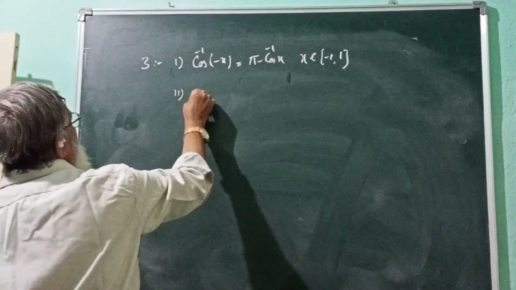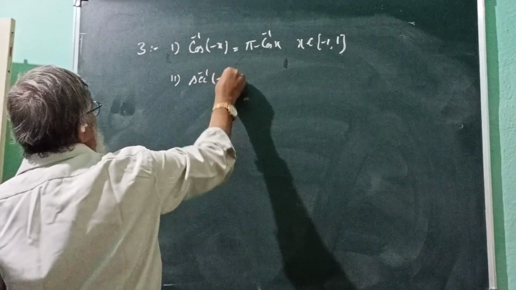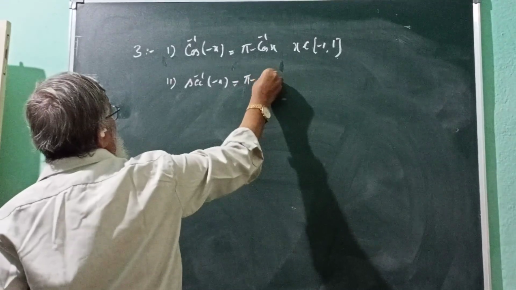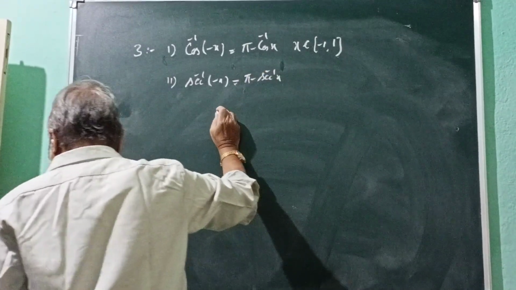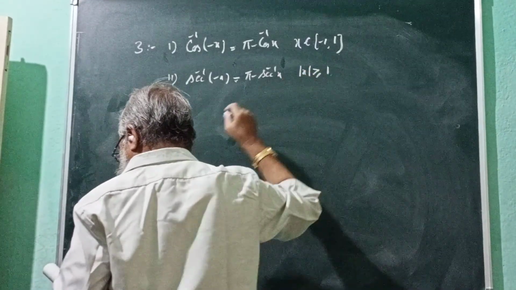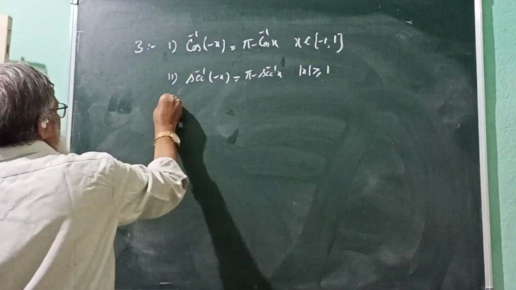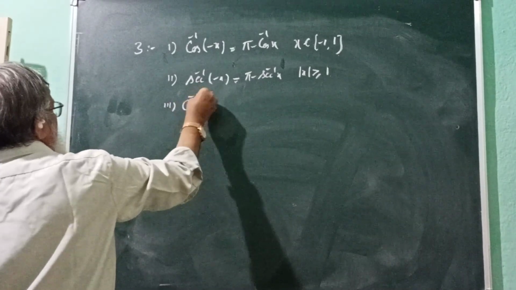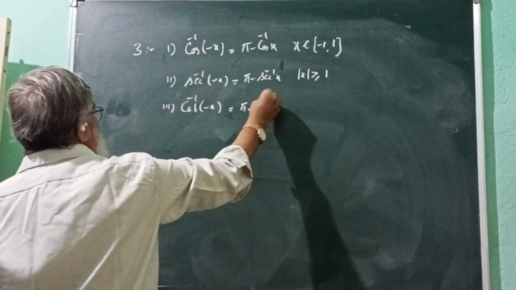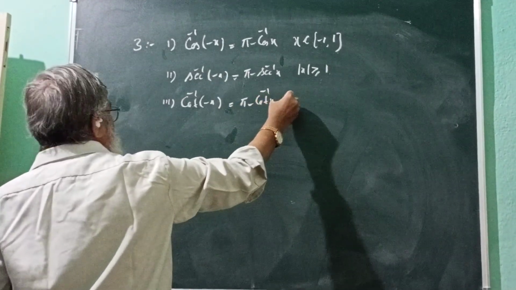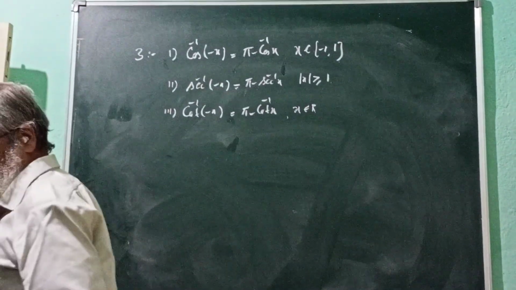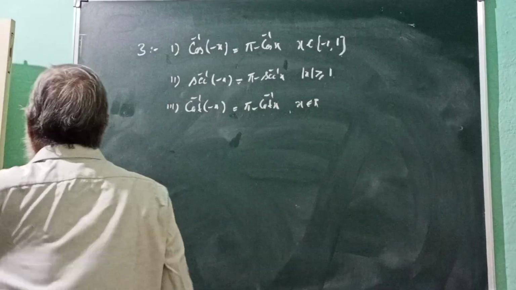Second one is sec inverse of minus x, which is equal to pi minus sec inverse of x, where the mod of x is greater than or equal to 1. And the third one is cot inverse of minus x, which is equal to pi minus cot inverse of x, where x belongs to R. So this set of formulas again we will prove.